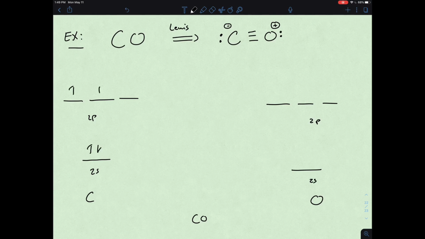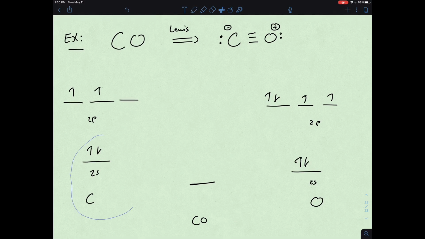Carbon has 4 electrons in that valence shell. Oxygen has its 6. And so when we put these together, we put them just like we did with the oxygen, right? We have this oxygen to the right, so we're going to write it in terms of it. Gonna bring these down just a little bit here if I can.